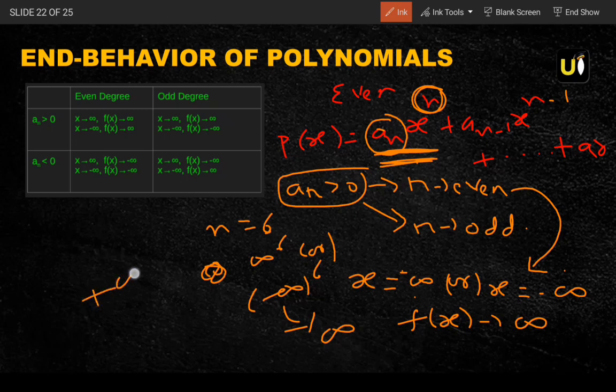So here, this is a negative term, that means this x^n already has a negative sign with it. The negative sign is already present.